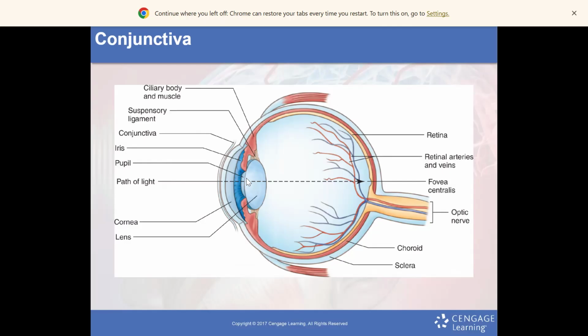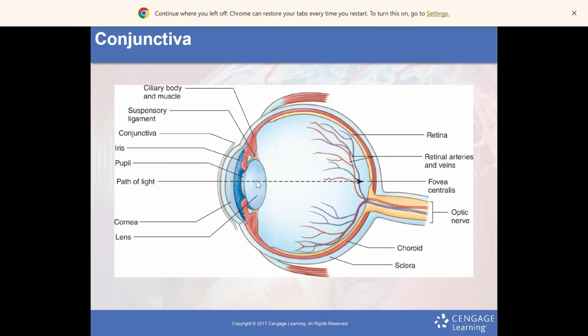That light is then going to hit the lens here, which is kind of like a magnifier. It helps to bend or refract the light. And notice these suspensory ligaments and these ciliary muscles that attach to the lens can stretch that lens or contract that lens so that it can bend the light in a certain direction and help a person focus.